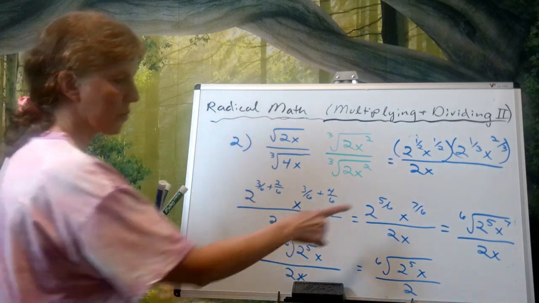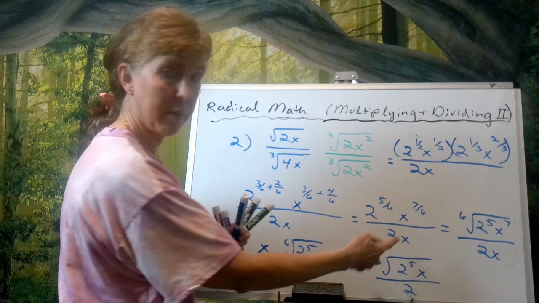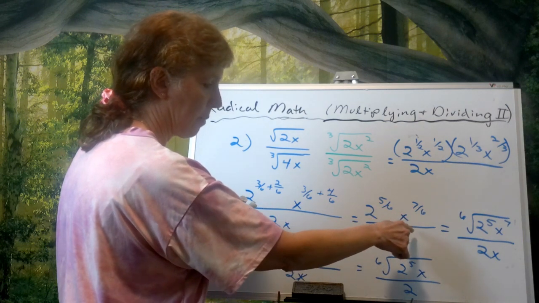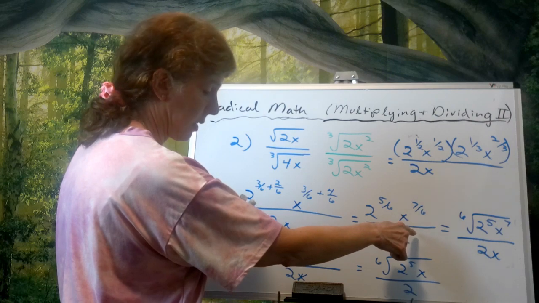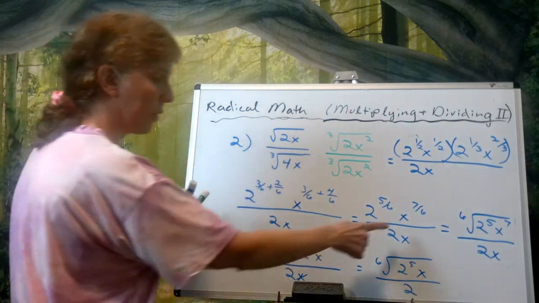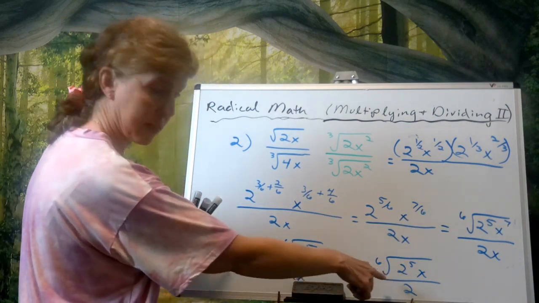You could have also subtracted the exponents here if you get common denominators again. So you could have done x to the 7/6 minus 6/6, which would leave 1/6 in your numerator, and that will end you up in the same place exactly as this.